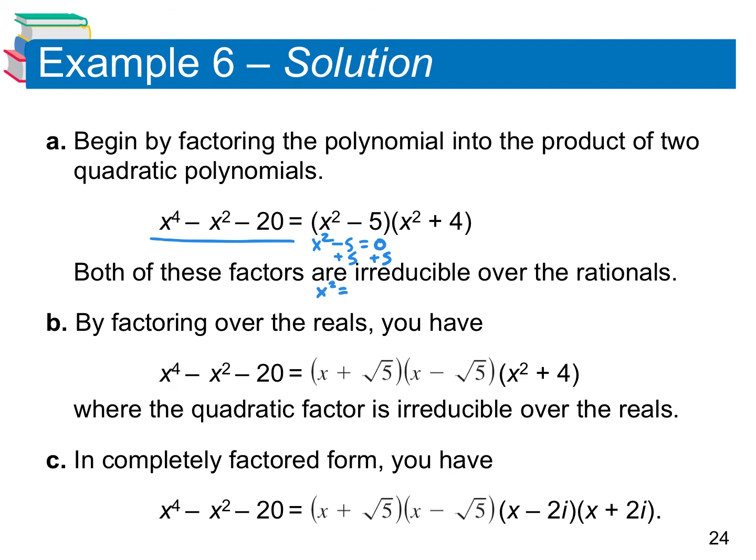X squared is equal to 5, take the square root. So what's x equal to? Plus or minus square root 5. So when we put that into our linear factorization, this would be x plus square root 5 and x minus square root 5 here.